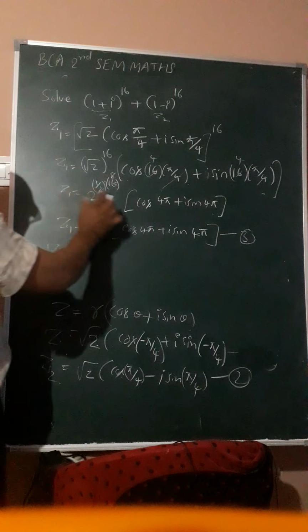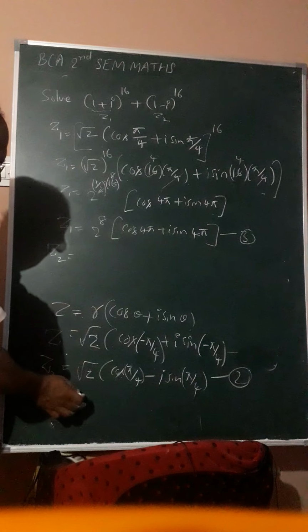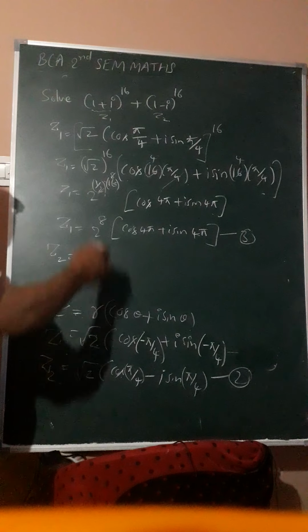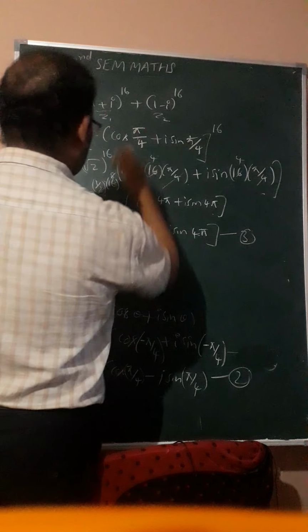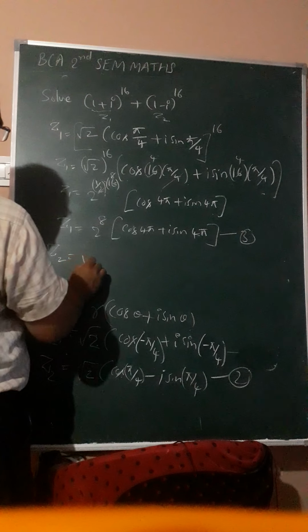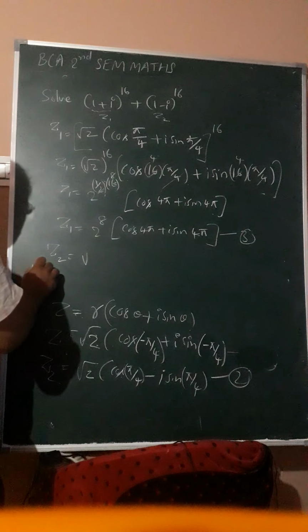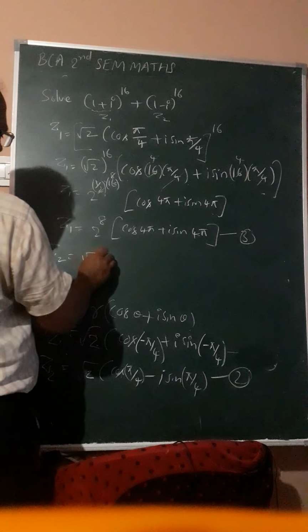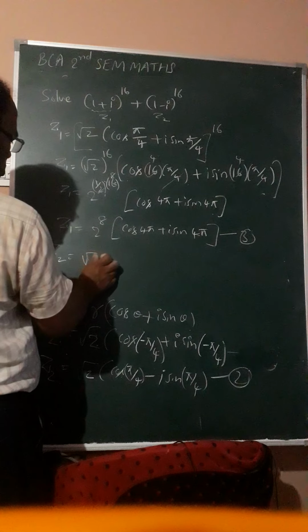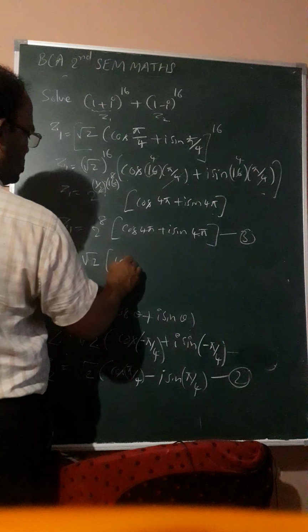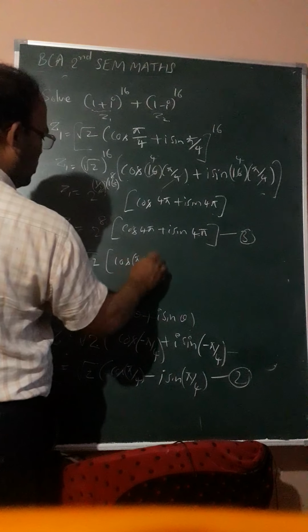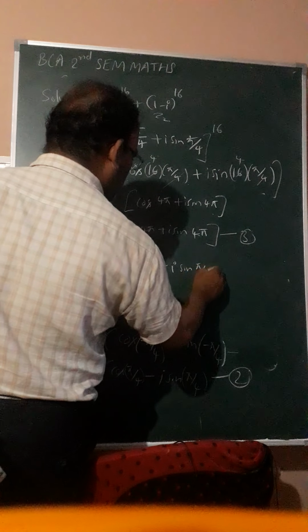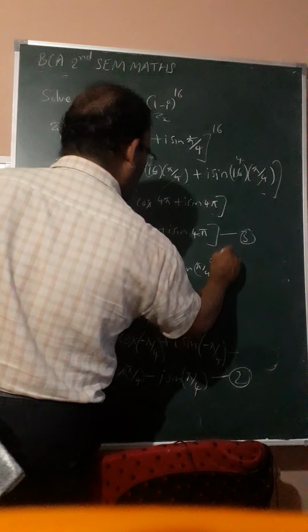So what is the difference here? Only the middle sign changes. That means if you take the 16th power, Z2, which is 1 minus i, is root 2 times cos pi by 4 minus i sin pi by 4, to the power of 16.